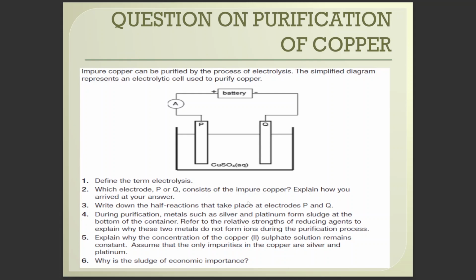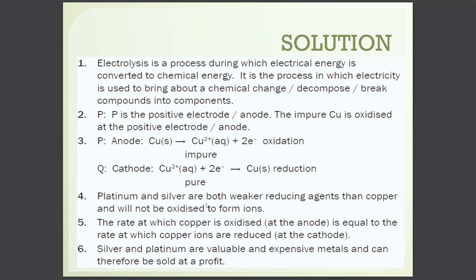The first question is: define the term electrolysis. What is electrolysis? We can only get this definition in the exam guideline. Electrolysis is a process during which electrical energy is converted to chemical energy.